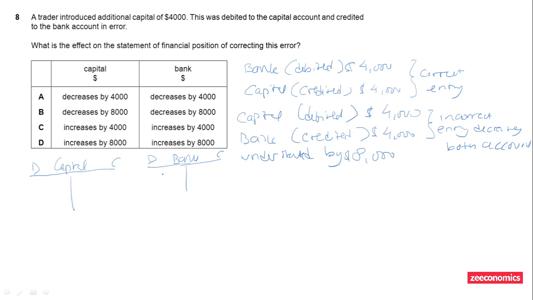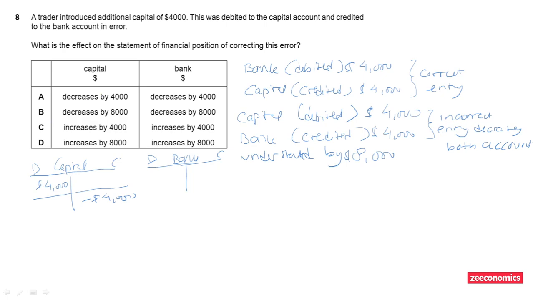So capital is being debited for $4,000, so I'm going to write here $4,000. So therefore, the final balance would look like minus $4,000 on the credit side. Why do I put it on the credit side? Because capital increases on the credit side. So the normal balance for capital will always be on the credit side. But in this case, it's minus, because of the error above.